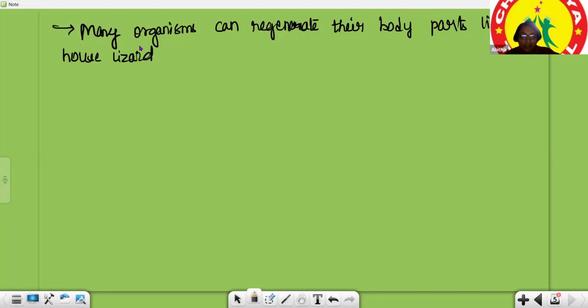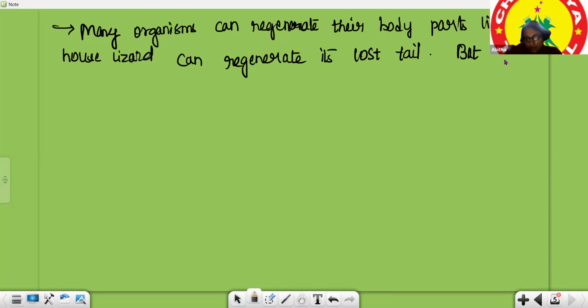So regeneration in the case of a lizard is not considered reproduction because an entire new individual is not formed. The house lizard can regenerate its lost tail, but it is not a way of reproduction in this case.